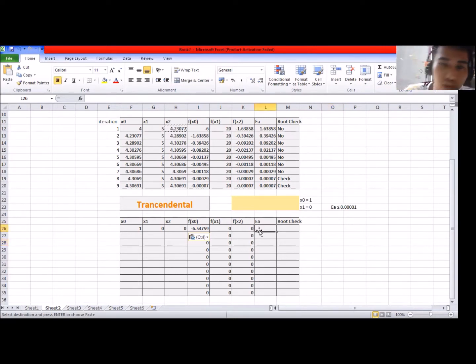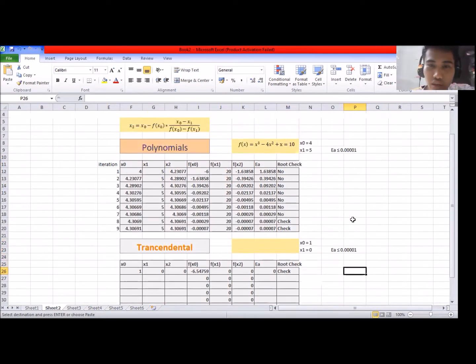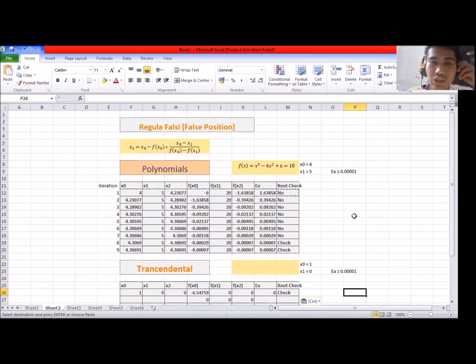So we have the root check and we get the initial value here. In the first iteration we get the root check or the estimated root itself. So that's how you use the regula falsi function.